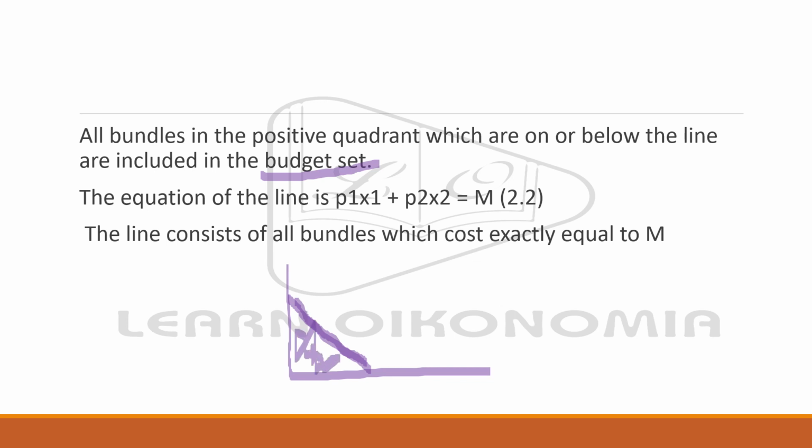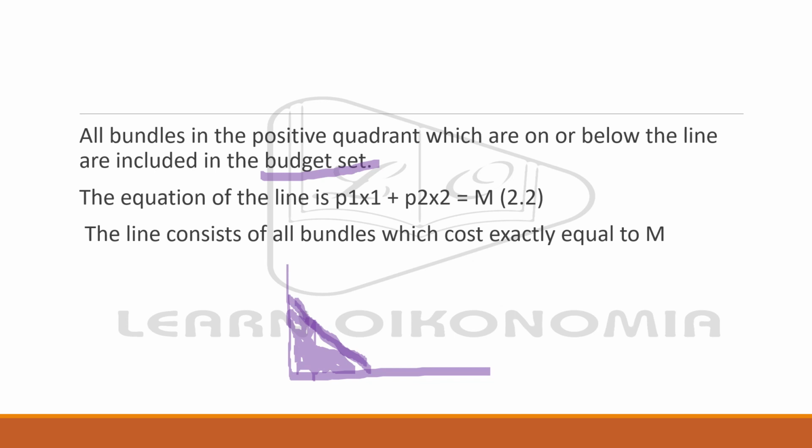So this triangle shows different quantities of both the commodities, which lie in the budget set.